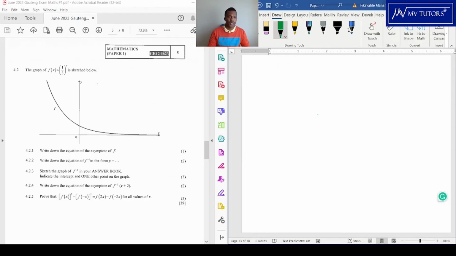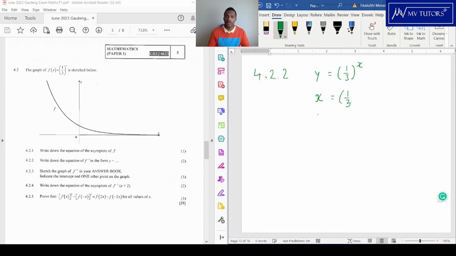The next question is 4.2.2, and it says write down the equation of the inverse in the form y. Initially we have y is equal to (1/3) to the x. The first thing you do is interchange. Where there's an x, you put a y. Where there's a y, you put an x.